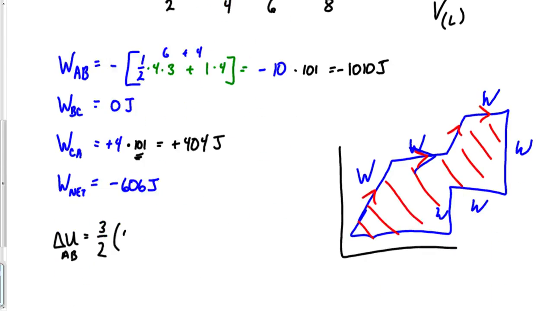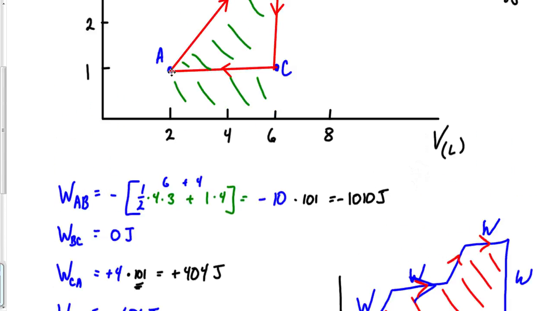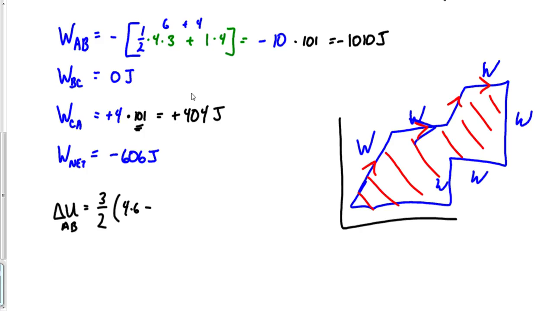So that would be 4 times 6 minus the initial, which would be 1 times 2. And there is how I can get my answer to this. So this would be 4 times 6, 24. 24 minus 2 is 22. Times 3 over 2, that would be 11.